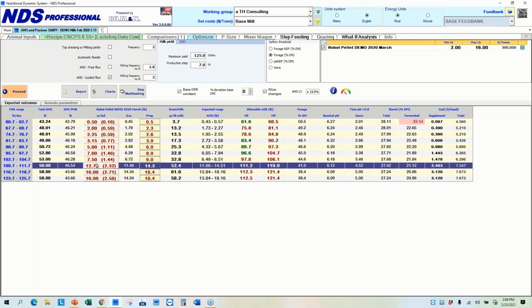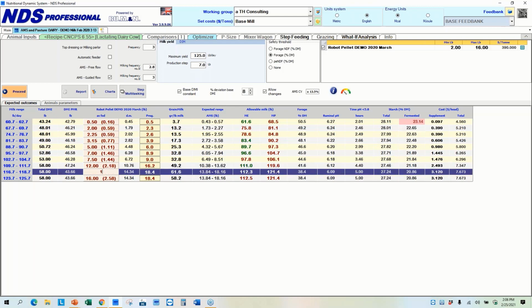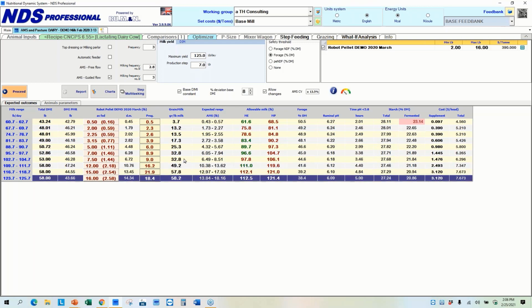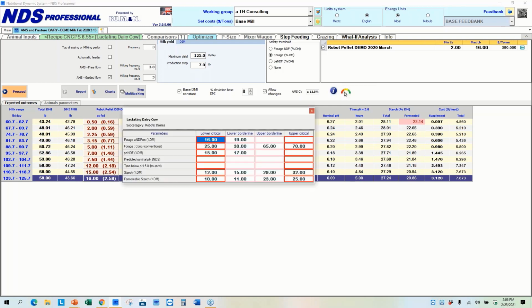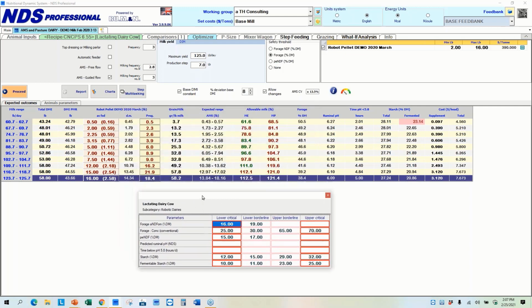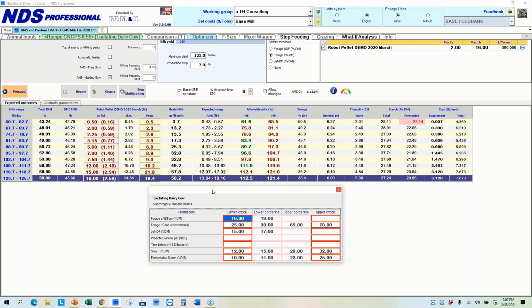And if you talk about the well-being, you can open the well-being tab from the small graph close to the I button in order to see the well-being parameters you set up for the robotic dairies subcategory, in order to understand why some of the cells are highlighted in pink or red based on this specific well-being.